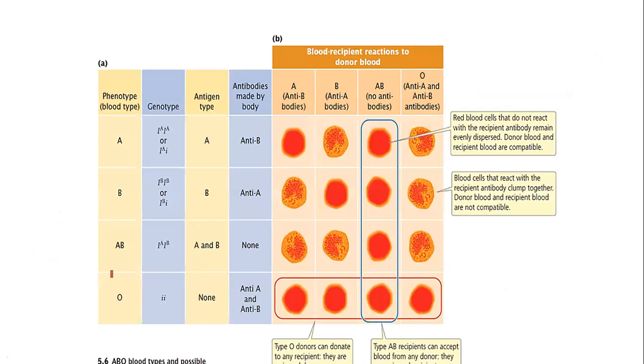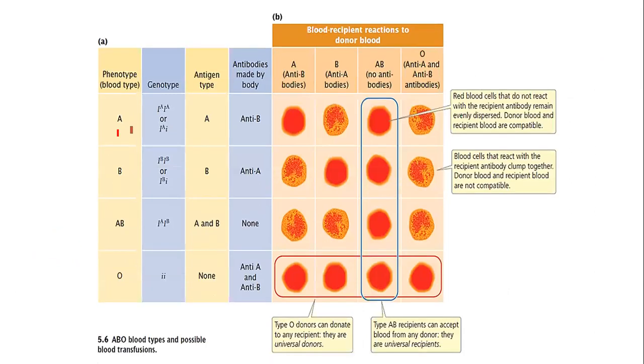Here is the A blood group. They have genotypes capital IA IA and capital IA and small i. So antigen A is present and antibody B is present in them. The B phenotype has capital IB IB, pure homozygous, or heterozygous IB and small i.